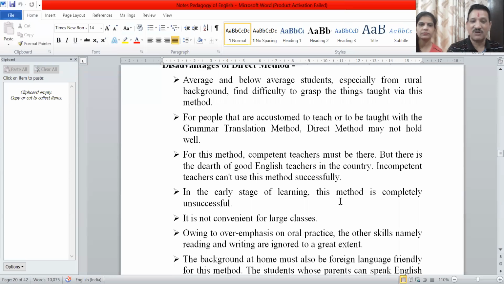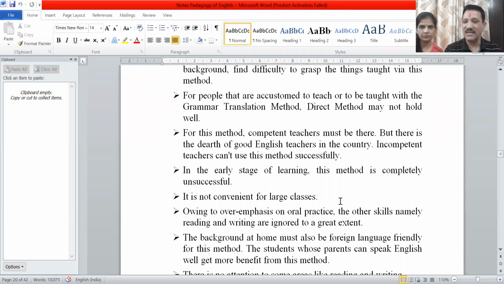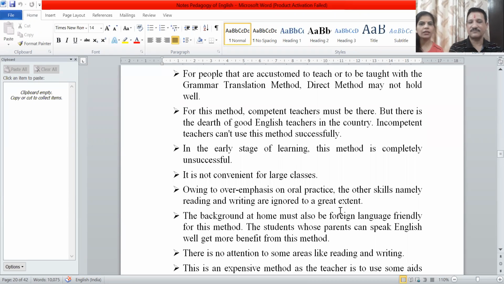Next, for this method competent teachers must be there. But there is a dearth of good English teachers in the country. An incompetent teacher can't use this method successfully. Next, in the early stage of learning, this method is completely unsuccessful.